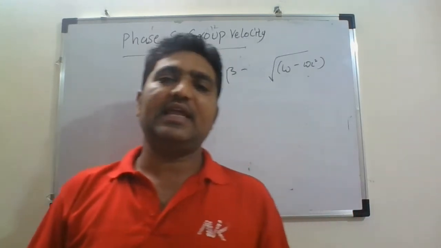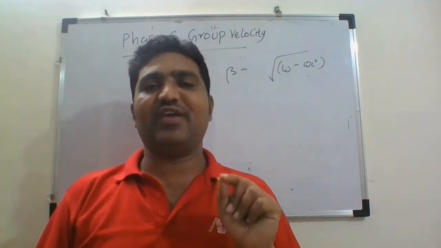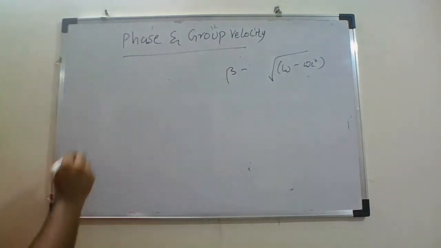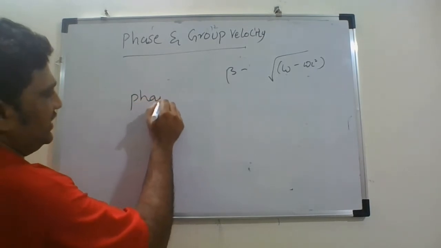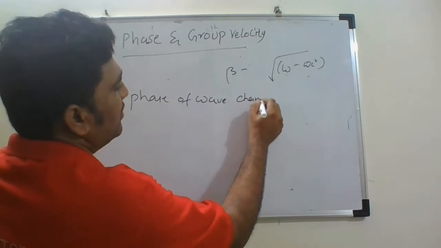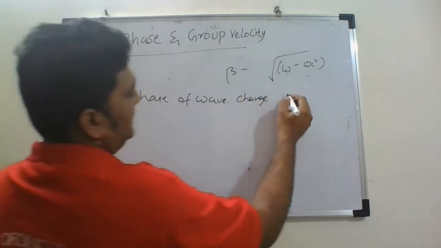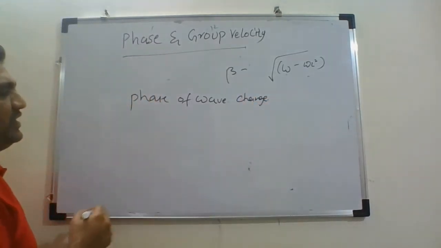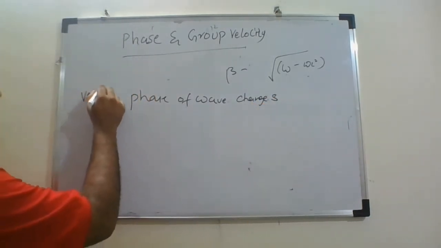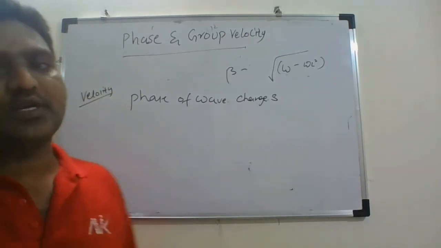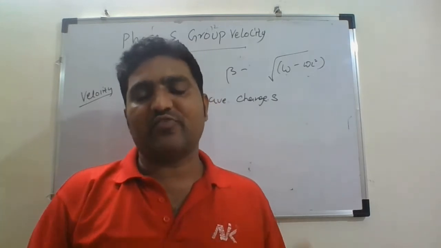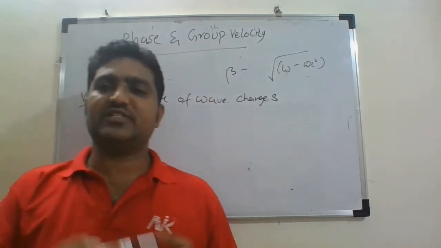One velocity is the velocity at which the phase of the wave changes along the z-axis, along the direction of propagation. It is the rate, or the speed, at which the phase of the wave is changing.